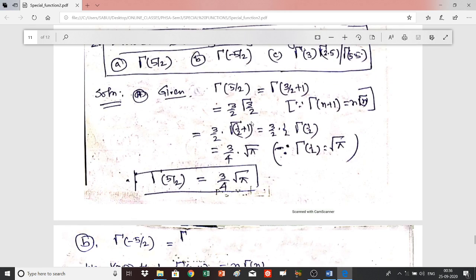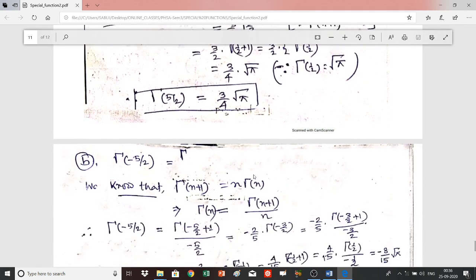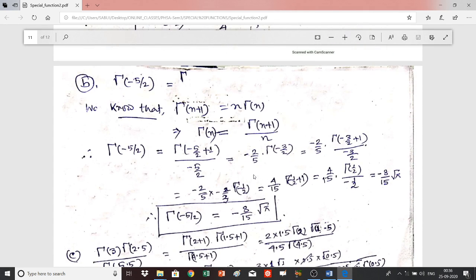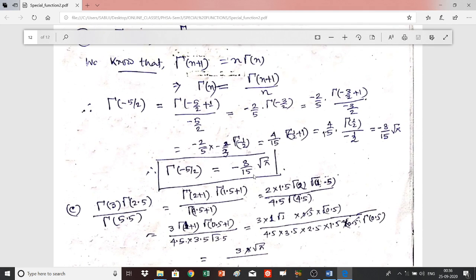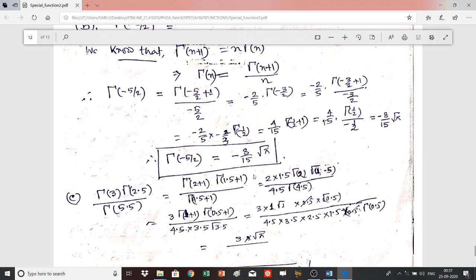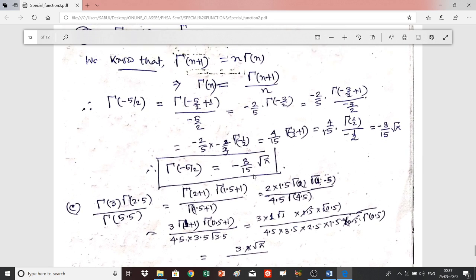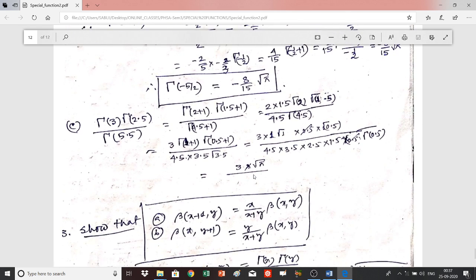I am stopping here for a while, and then the negative value minus 5 by 2 is here, and the next one is here. Just follow these calculations, it is very easy, not very difficult. You just have to practice and do it on your own following these steps. There will be no problem to understand.